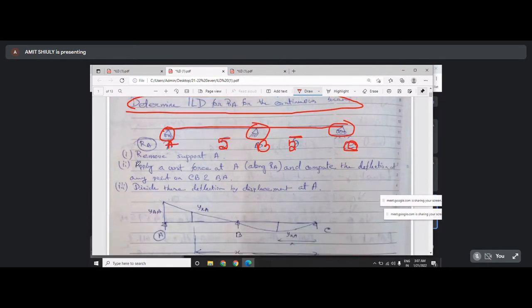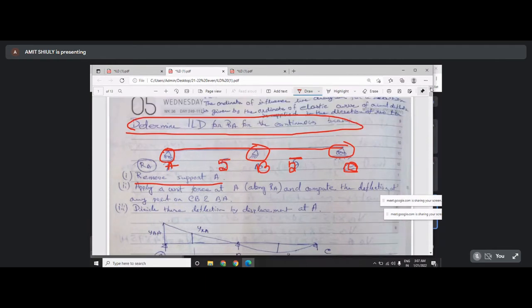So remove support A. According to the Muller-Breslau principle, if you draw RA, you have to remove support A, and apply a unit force at A and compute the deflection at any point on CB and BA.